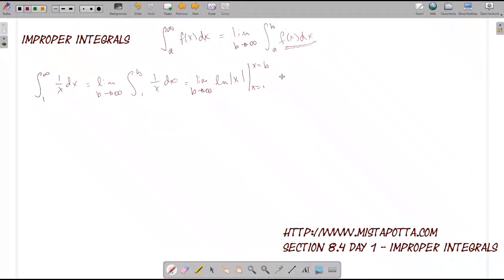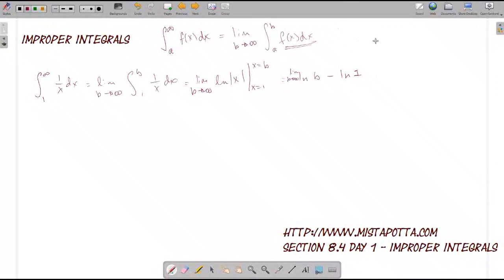b is increasing without bound. So when I substitute, I get the natural log of b minus the natural log of 1. And again, b is increasing without bound. I can't get rid of b until I actually try and evaluate the limit.